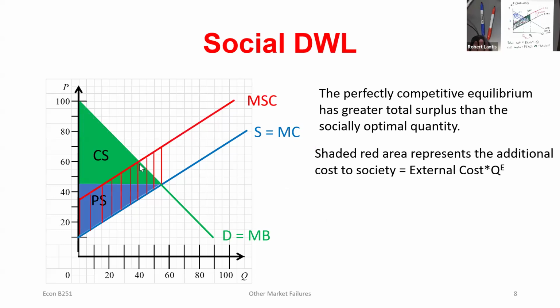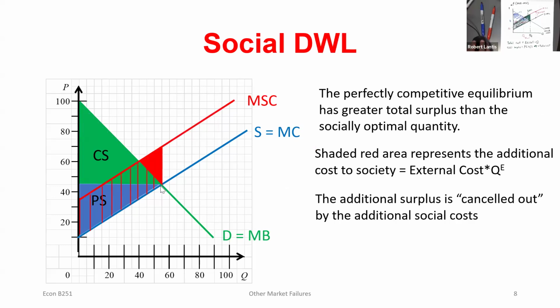If we get to that market quantity, this essentially goes away. So we're left with this total surplus area still. However, we now have this area where the costs are greater than the benefits. This would be negative surplus or a loss of surplus, which is our definition of deadweight loss.